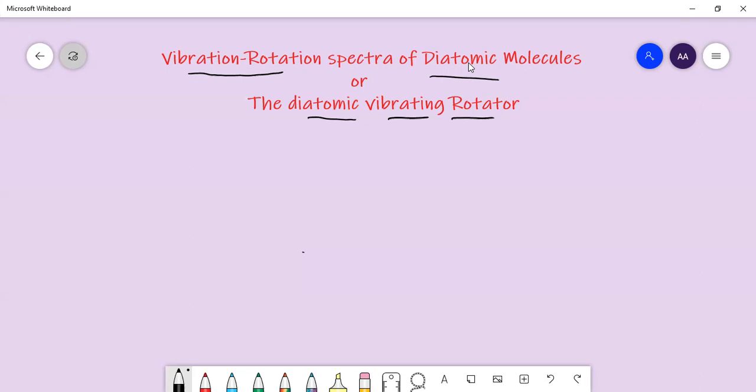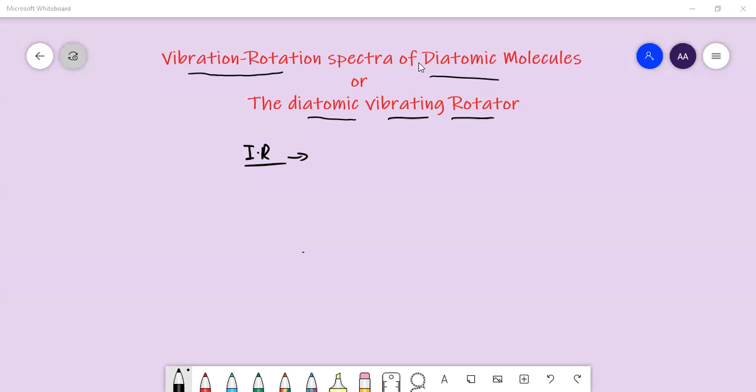Now, here the case is when the radiation energy is absorbed in the IR region. What we have seen in our vibrational spectrum is that by the absorption of radiation in the IR region, the transition occurs between the respective energy levels, first and second, or first and third.